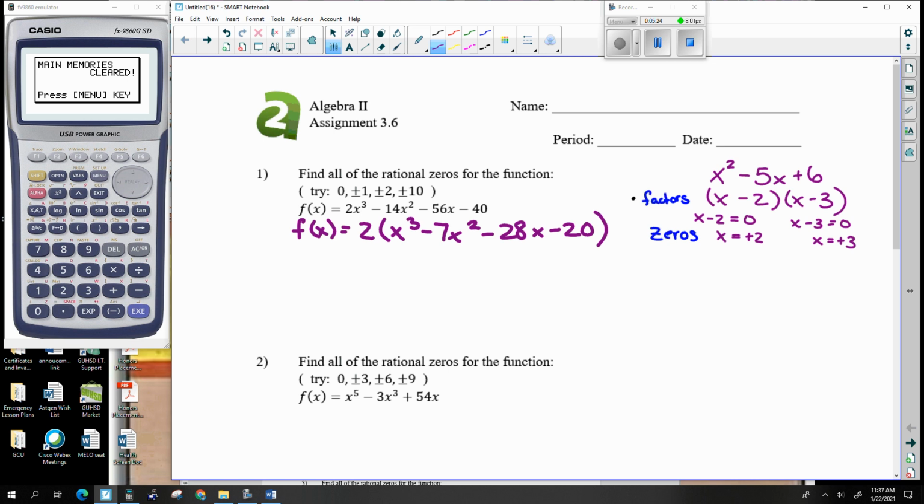Now, that doesn't give me any zeros yet, but it does give me a factor of 2. That's fine, but it makes my equation a little bit easier to deal with.